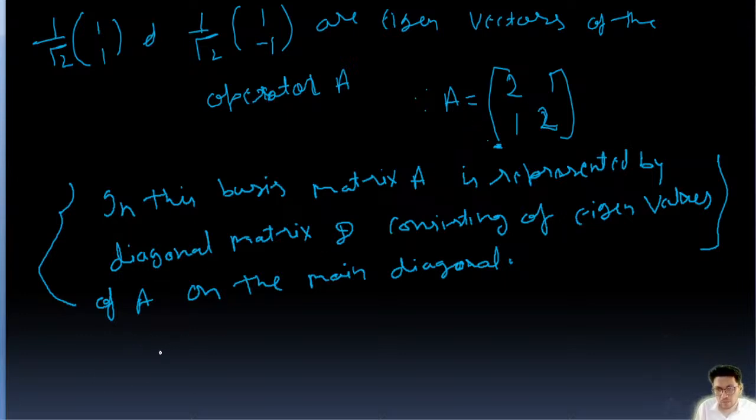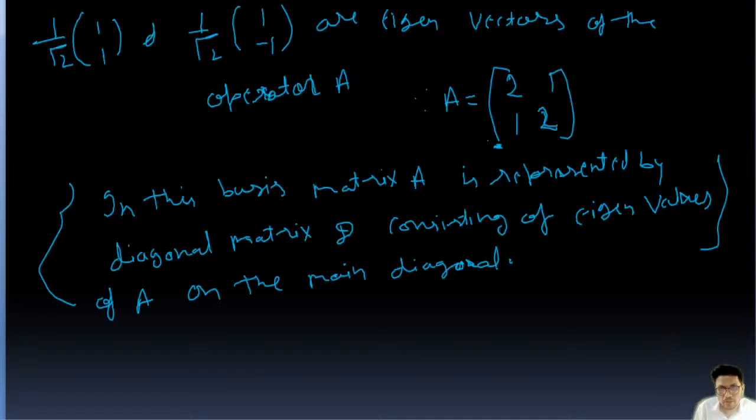Here A is 2 1 1 2, and we know how to find the eigenvalues of this.